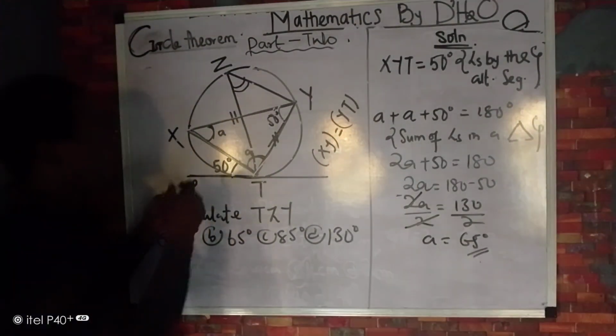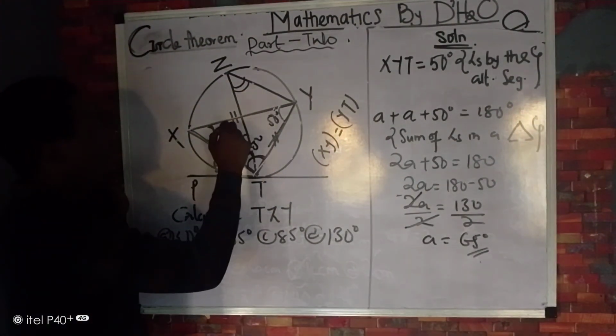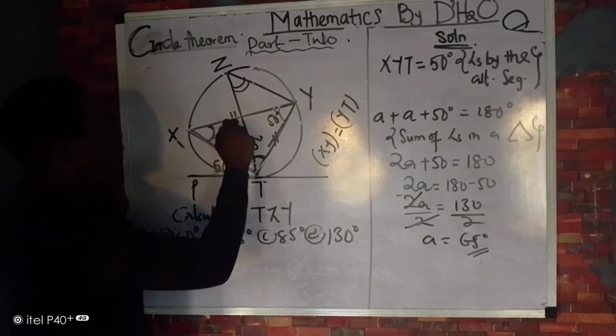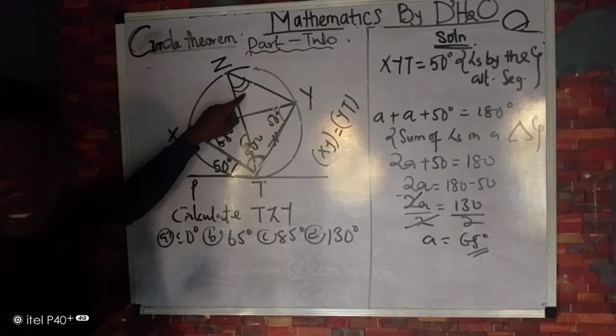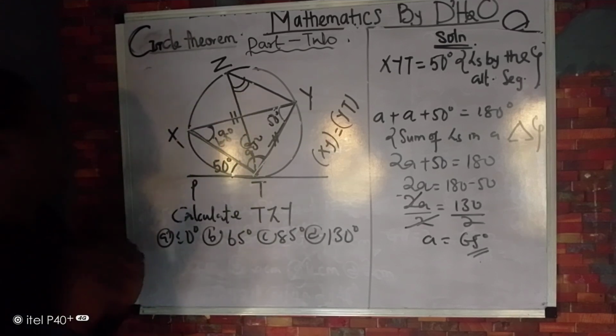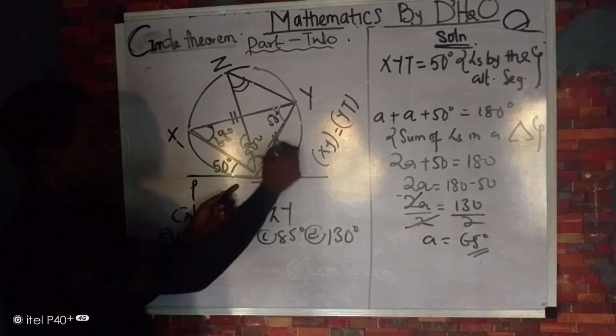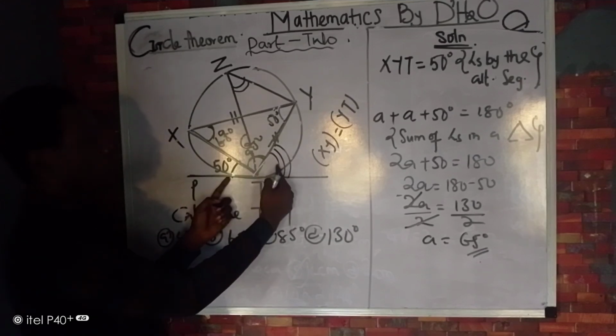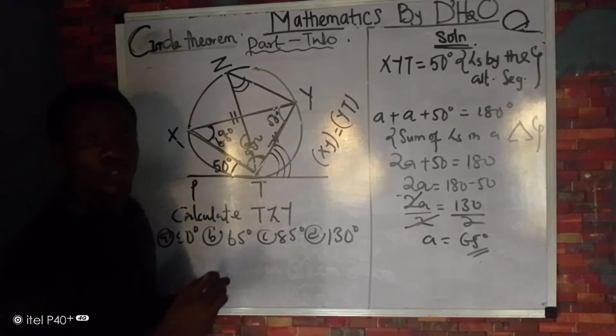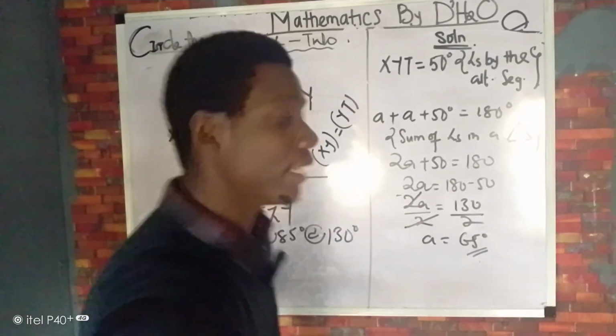So the angle here is 65 degrees. The angle here is 65 degrees. Remember, we are told to find this angle. Let's get the angle that is in this place. This plus this will give us 180, which is the sum of angles on a straight line.